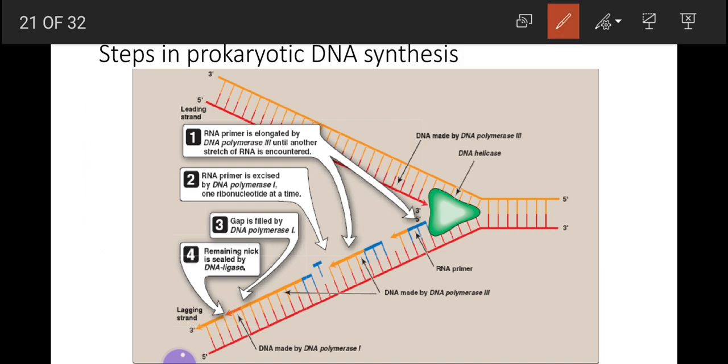This is how the RNA primers in the Okazaki fragments are excised by the DNA polymerase 1, and then the gap produced by removal of the RNA primer is filled again by the DNA polymerase 1.